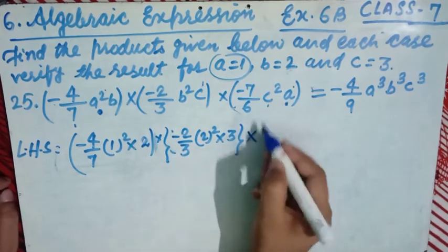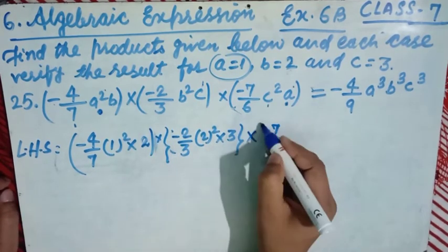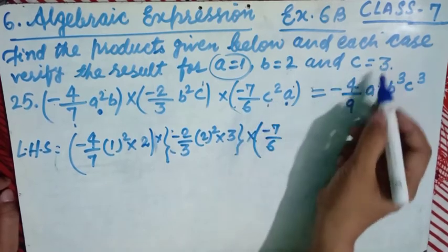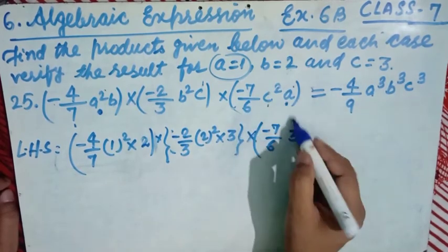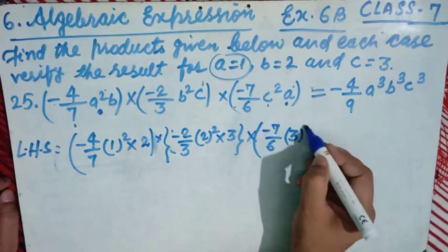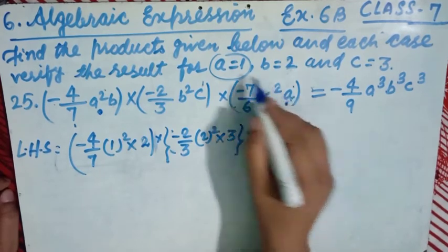Now multiply by minus 7 by 6 c squared, c is 3, so 3 raised to the power 2, and multiply by a, which is 1.